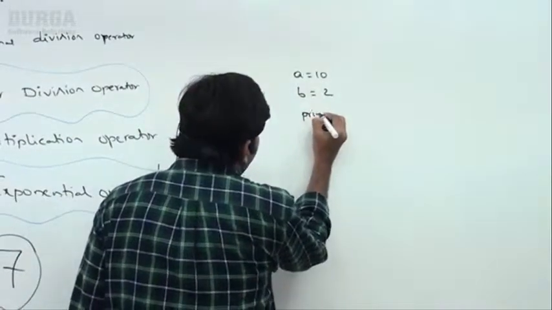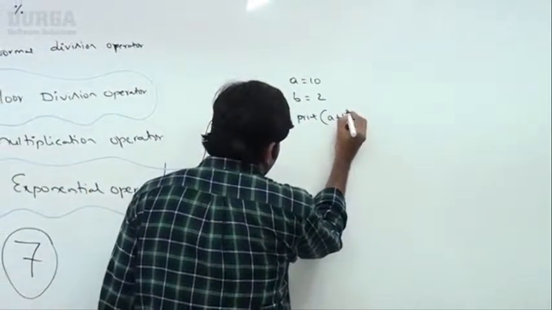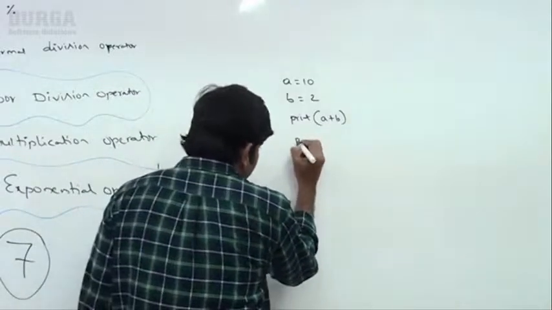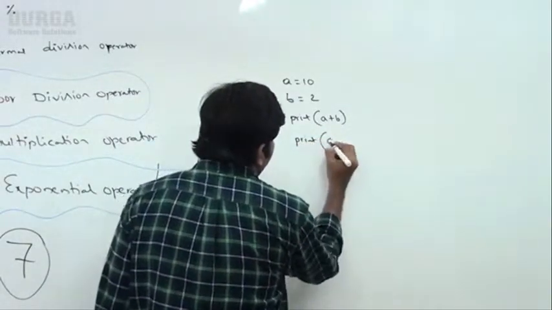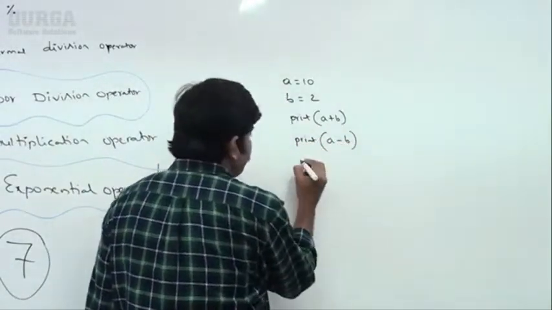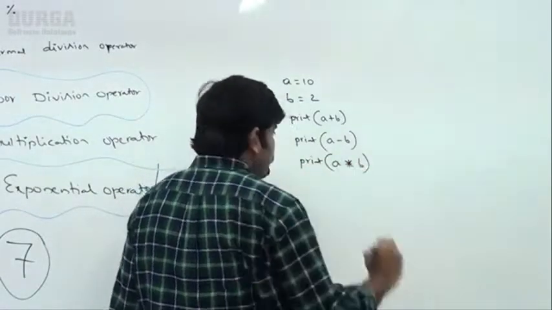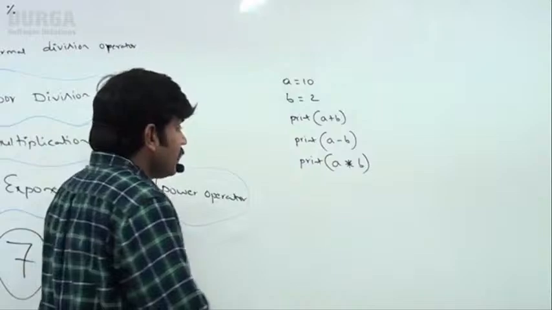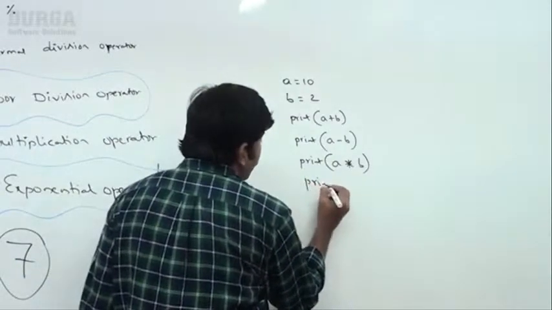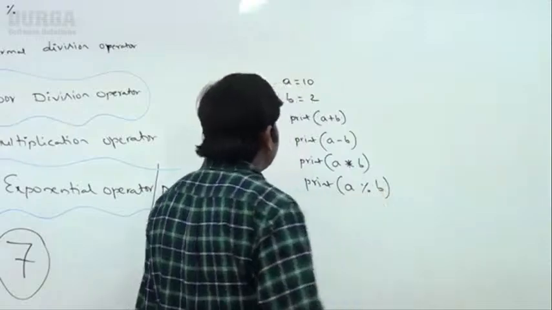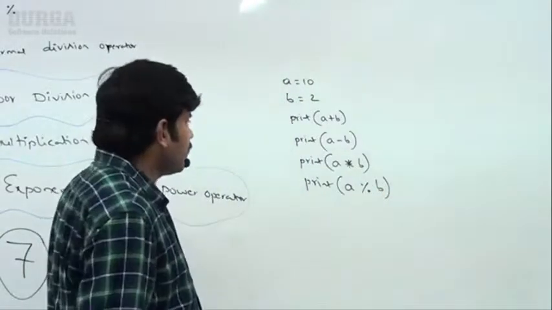Now print of A plus B, print of A minus B, print of A into B, and next print of A percent B, the modulo, like this we are taking.